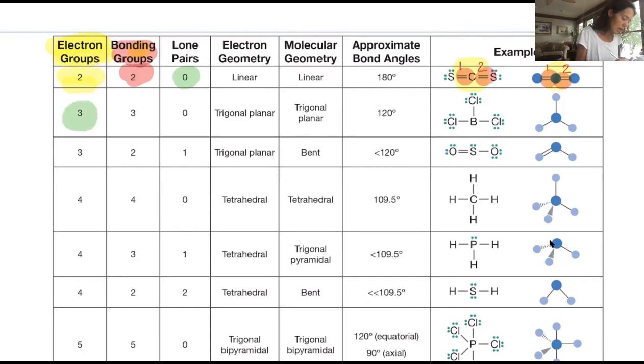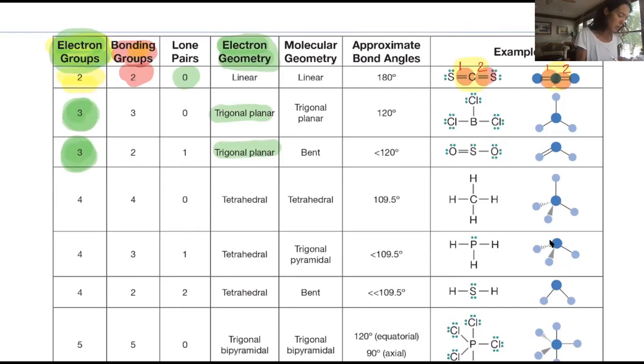Now notice here I have three domains. My electron geometry, my electron groups, is very broad. It's based on the number of domains. Since they both have three, they have the same electron geometry, because that's not a very specific geometry.